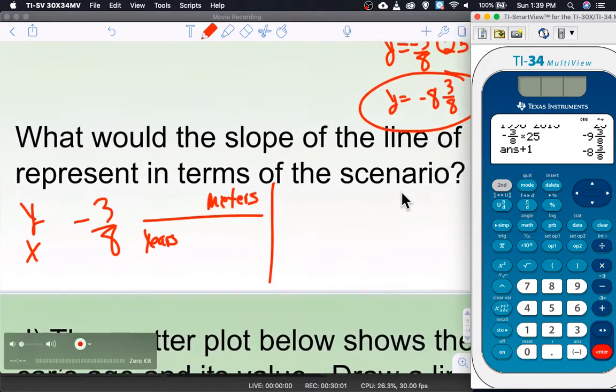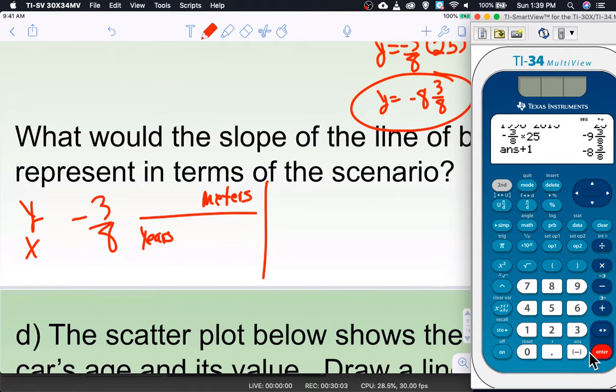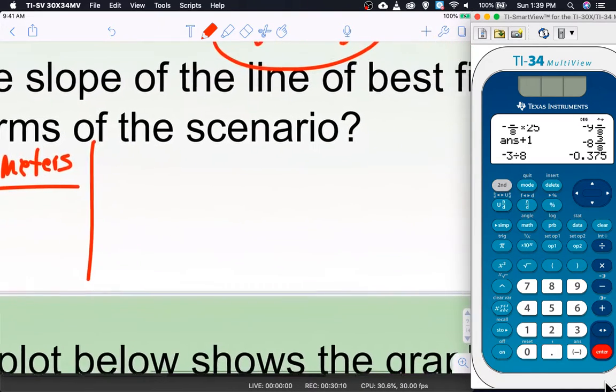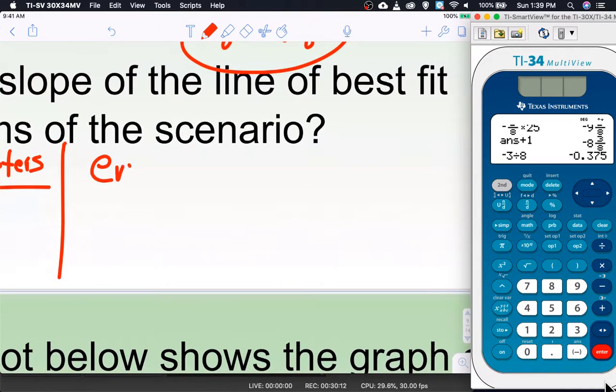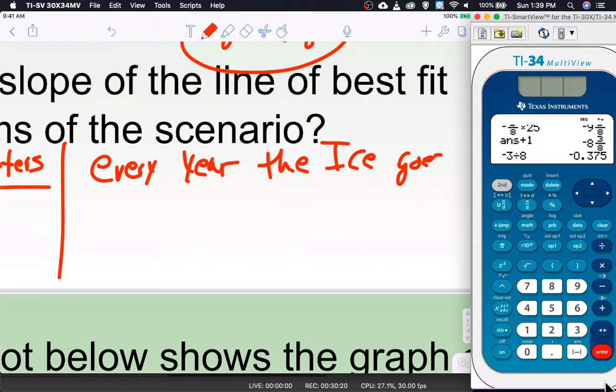And sometimes if we want that slope as, instead of a fraction like this, if we took -3 divided by 8, check this out. I could say every year the ice goes down by 0.375 meters.